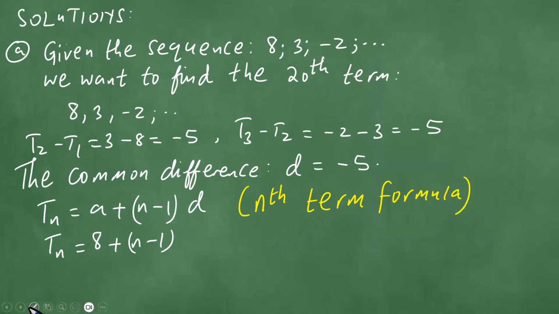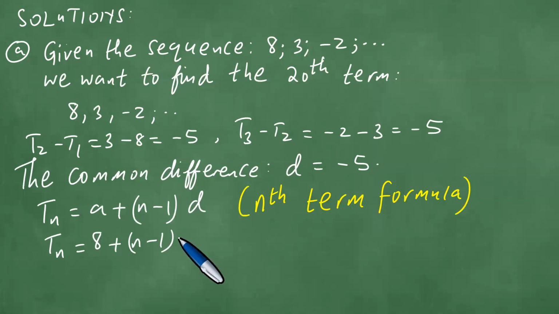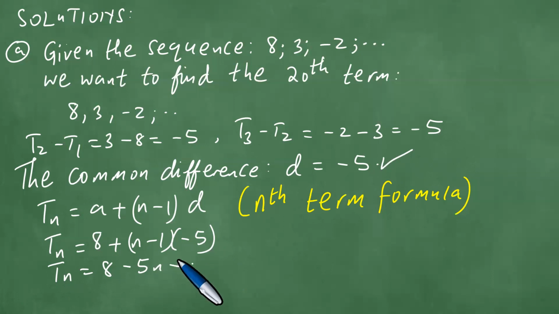Okay. So now we have the common difference, which is minus 5. So that we have 8 plus n minus 1 multiplied through by the minus 5, you distribute. Minus 5 times n is minus 5n. Minus 5 by 1 is plus 5. What is 8 plus 5? It is 13 minus 5n.